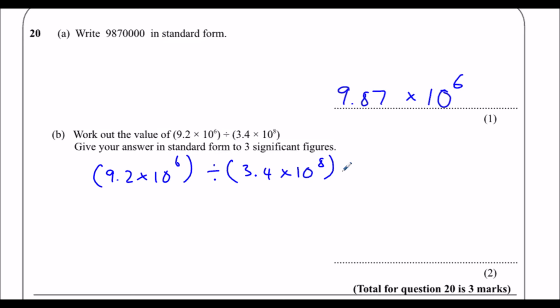So we just type it in the calculator. And well, to three significant figures, it gives us 0.0271. I'll write down that whole number.